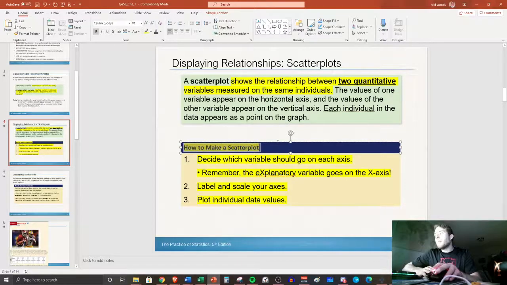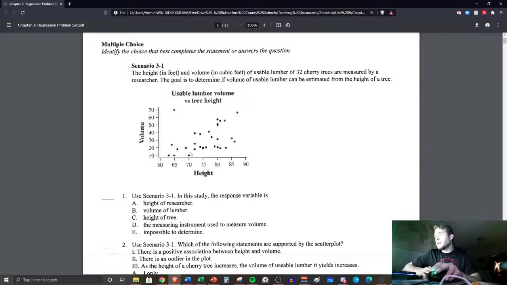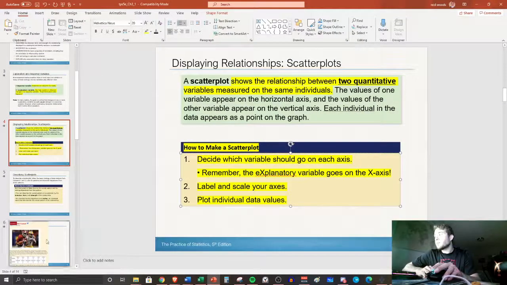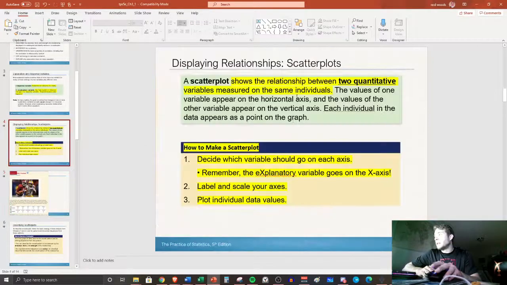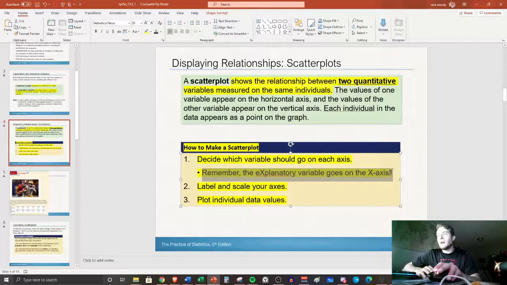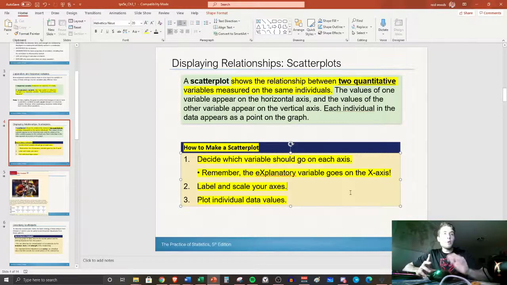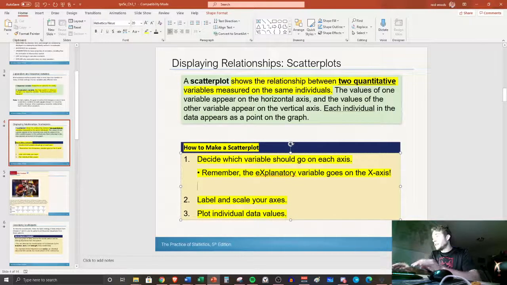Let's talk about how to make a scatter plot really quick, and then we'll pause and write this. So here's the scatter plot, and we're going to be making one of these shortly. I've got an example, that SEC football example. First thing that has to happen, you have to decide which variable should go on each axis. This is the big bullet point that helps us a lot of times when we're looking at a scatter plot. The explanatory variable goes on the x-axis.